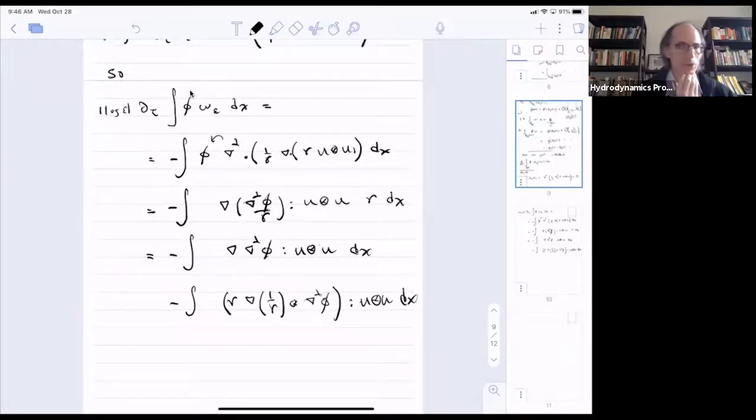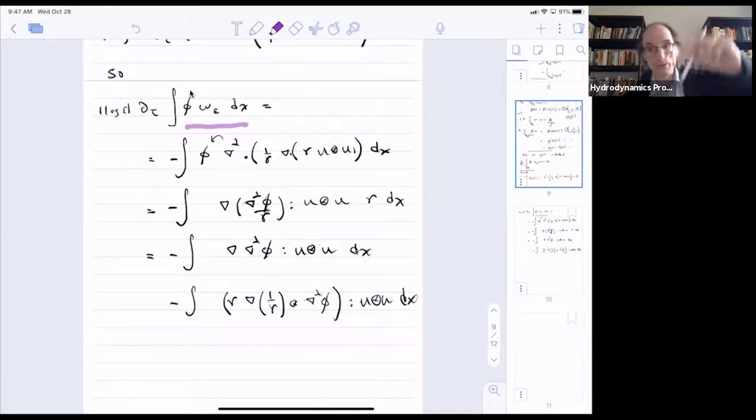Okay, and so I claim that I want to justify the log epsilon scaling. So remember, this quantity I'm looking at is telling me how the vortex moves. And so the right scaling is the one in which this tau derivative will be of order 1. So that will be the one in which the velocity is order 1.